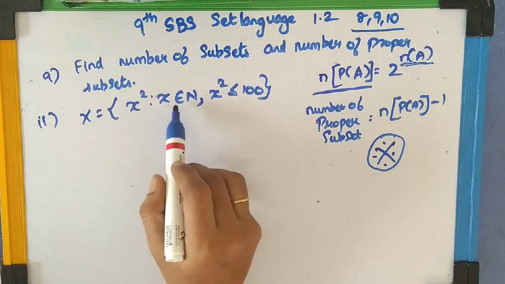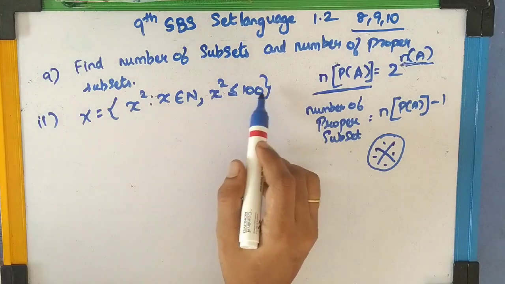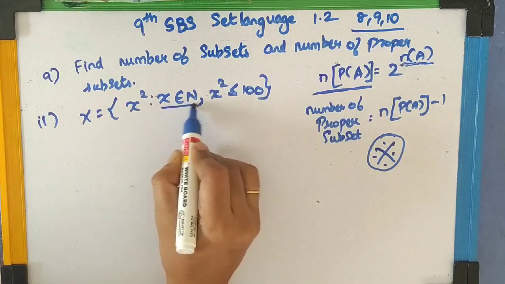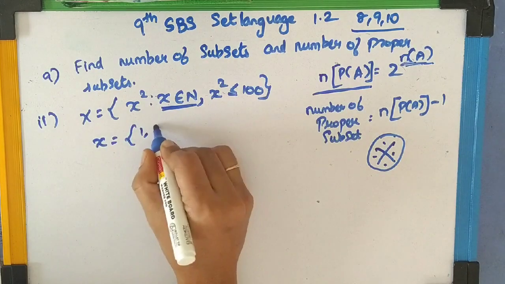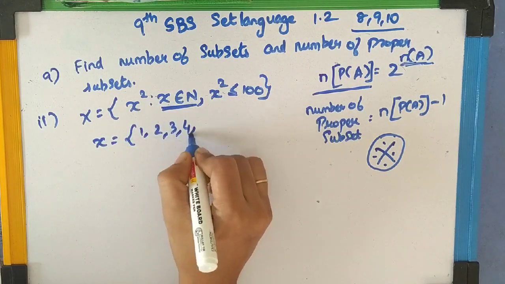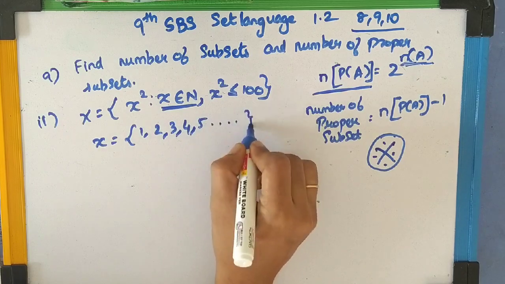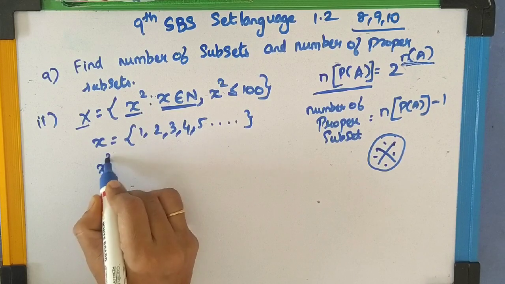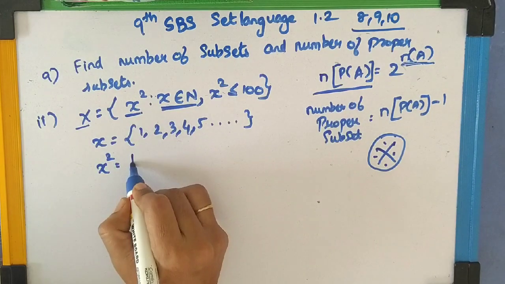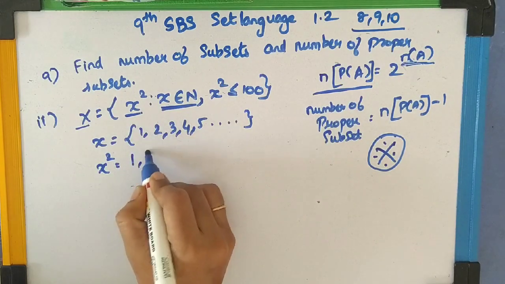Here, what is X? X is equal to x squared, where x is an element of N and x squared is less than or equal to 100. Okay. Now, x is a natural number, so it starts from 1, 2, 3, 4, 5 and it goes on. What is x squared? The square of 1 is 1.